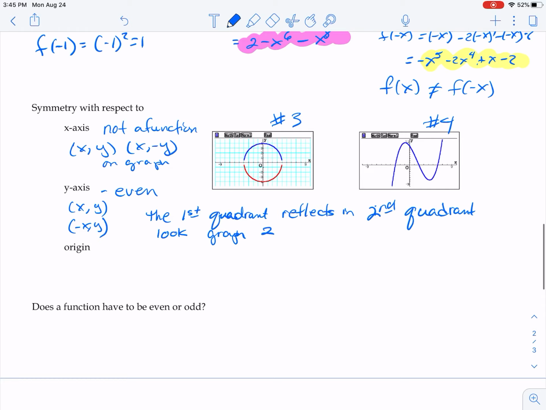If it's symmetrical with respect to the origin, it's also odd. Origin, odd, they both start with an O. You know that x, y, and negative x, negative y are on the graph. You can rotate the first quadrant to the third quadrant.